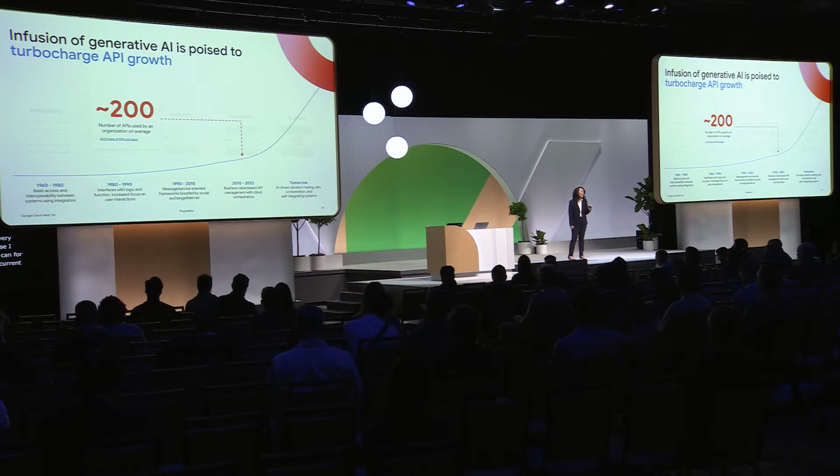So today, we are seeing the beginning of AI-driven development, AI-driven orchestration, and AI-driven decision-making. All those things are going on, as you can see from this conference. And there's no doubt that AI will drive API growth and consumption for years to come.